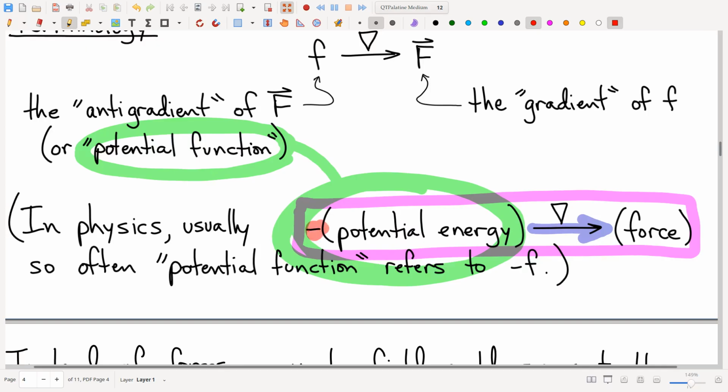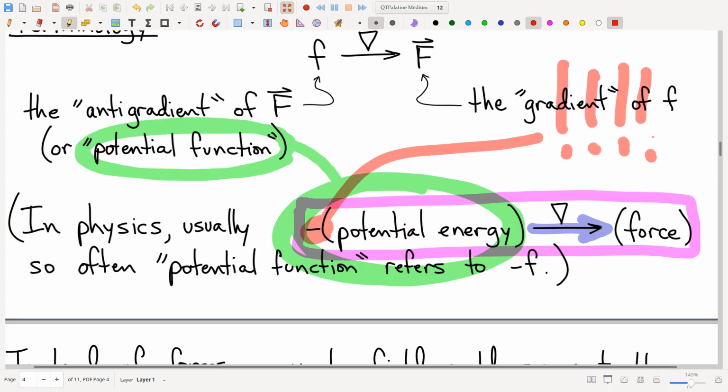And that's because of this minus sign right here. We just got through discussing that the gradient points up, but the force points down, or said differently, the anti-gradient of force isn't potential energy, it's the negative of potential energy. So to me, this is what I would call strike two for this terminology.